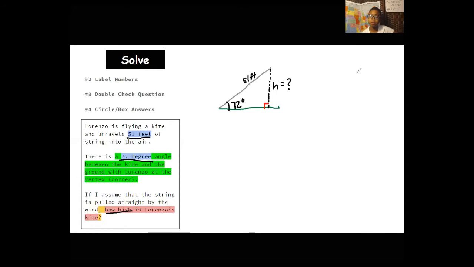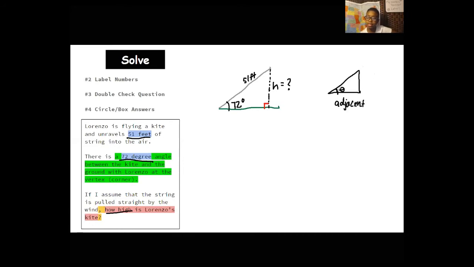Now, when we're dealing with trig functions, we have important words we need to use and remember, okay? So, given that the angle is right here, everything is centered around this one angle. So, the side that is next to the angle is called adjacent.